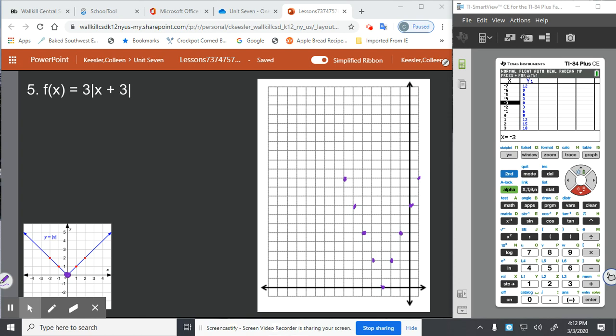You should see an up 3 and over 1 pattern, so we can continue that. That makes sense because that number outside, that 3, kind of acts like the slope. So it looks like this. All right, and now we have to talk about what happened here. In this case, it was shifted again, 3 to the left.